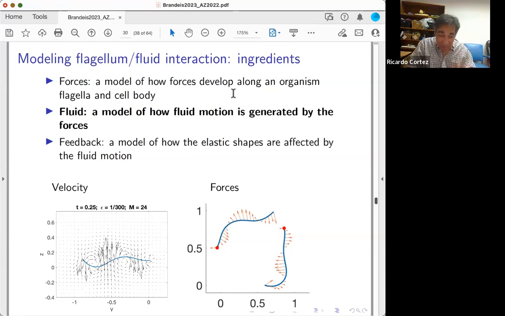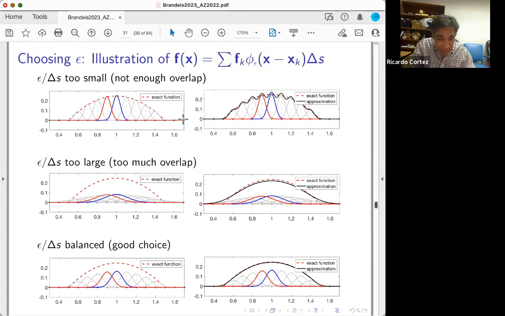In terms of the points along the flagellum, that's what I wanted to talk about now. So this is one way to think about it. Suppose you have a function represented by this dotted line. That's like my force, and I want to represent it by the superposition of a bunch of forces with these functions.